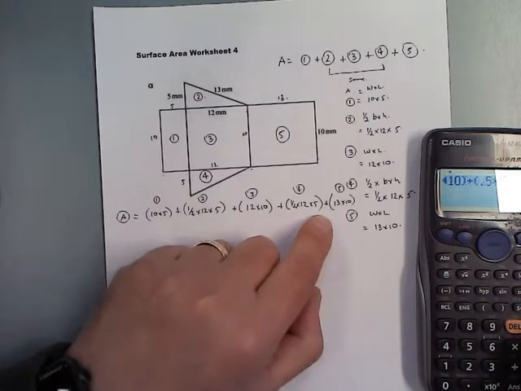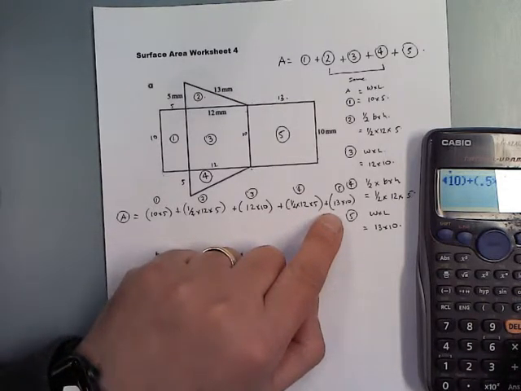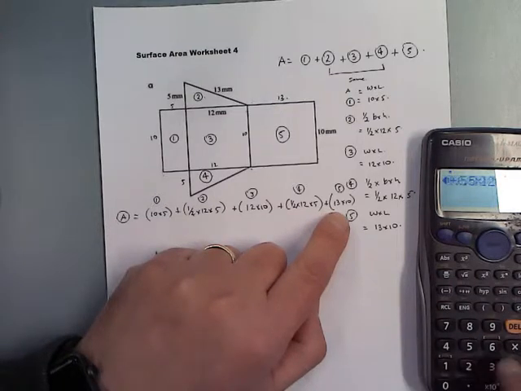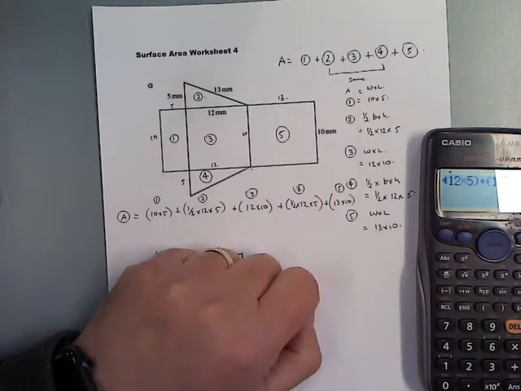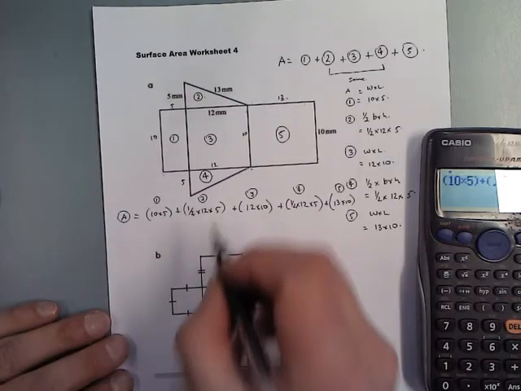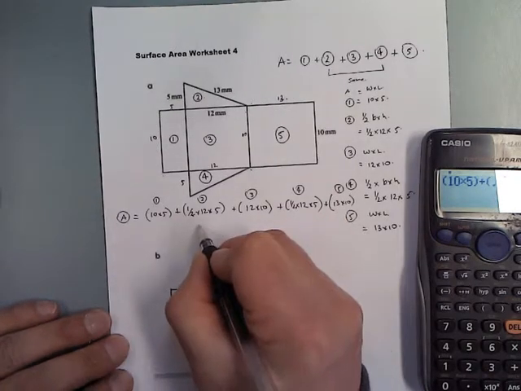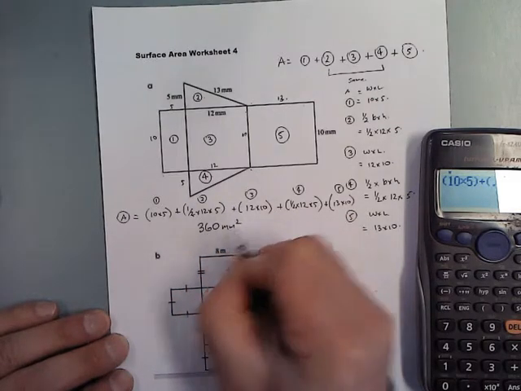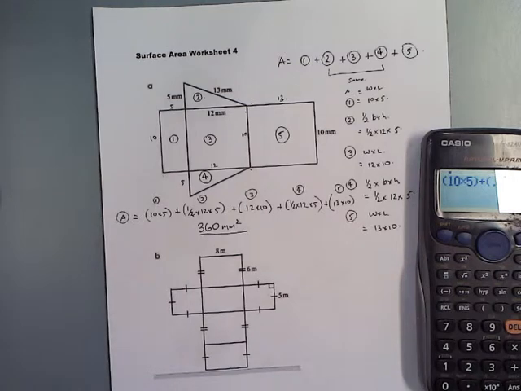Now I could have simply multiplied the area 2 by 2 to get that one, but I did it all separately, plus the last one, which is 13 times 10, close brackets, equals. So the overall surface area of this shape is 360 millimetres squared. If you needed to paint that, you'd know how much paint to purchase.